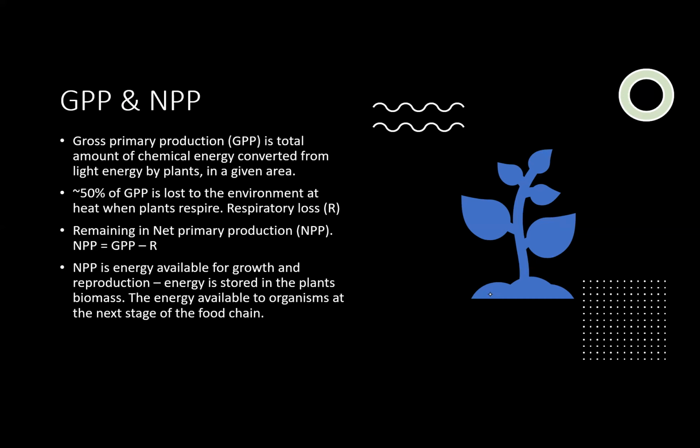Often primary production is expressed as a rate. So rather than a set number, we use it as a rate. So for example, the total amount of chemical energy or biomass in a given area in a given time. So the typical units that we use for this would be kilojoules per hectare, HA is hectare, per year.